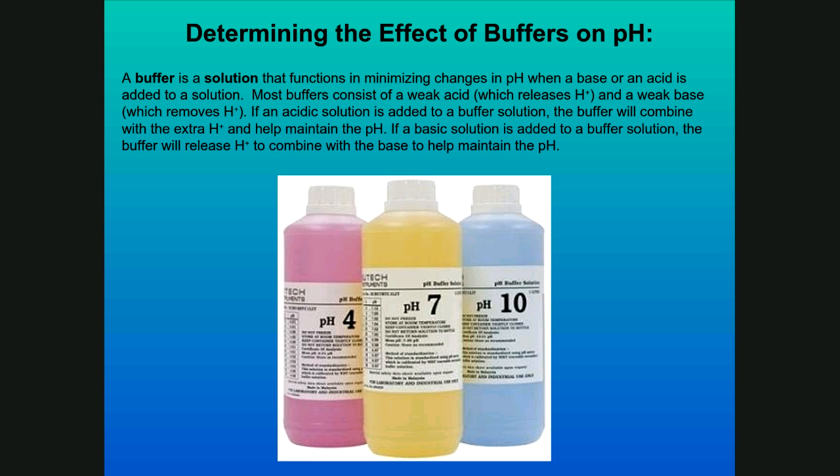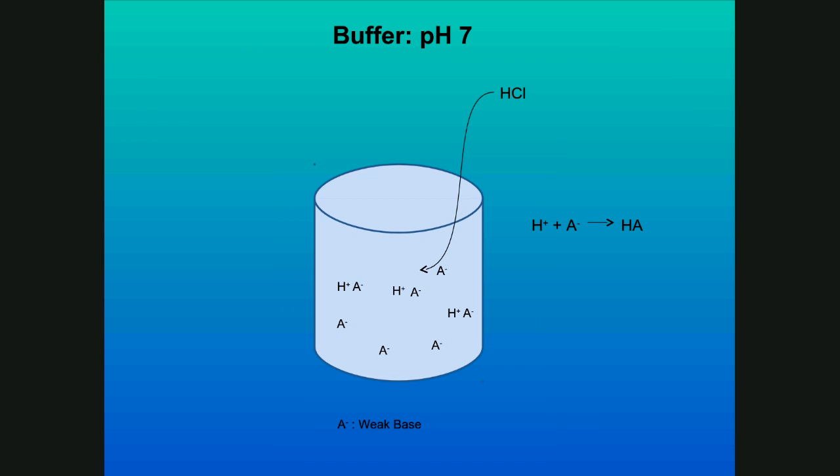So the buffer is actually a solution that's a mix of a weak acid and a weak base. It has both of these chemicals to help offset it if you happen to add an inorganic acid or base. This example here is a buffer that's supposed to maintain pH 7.